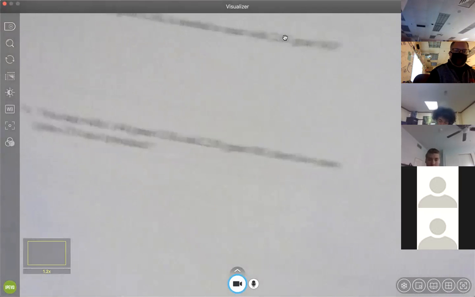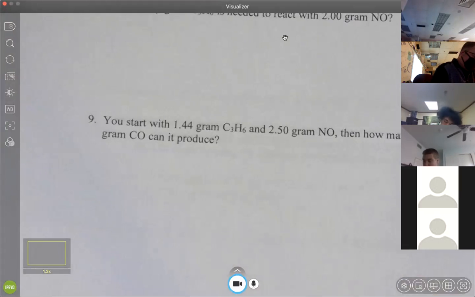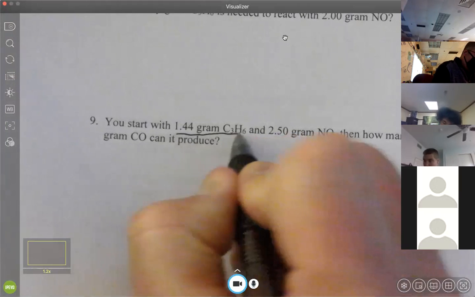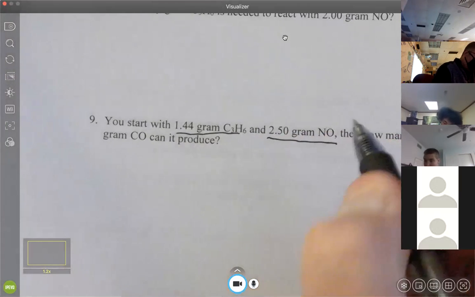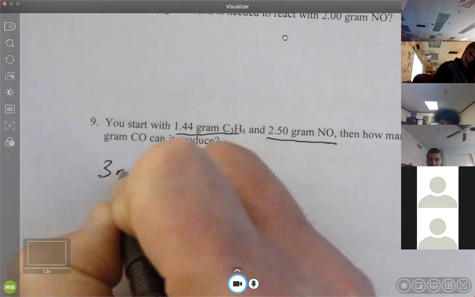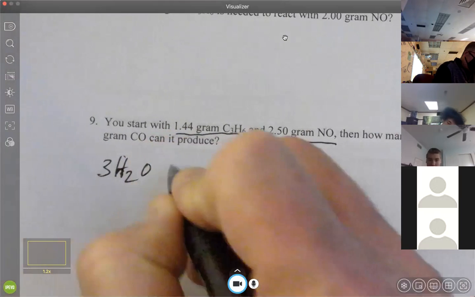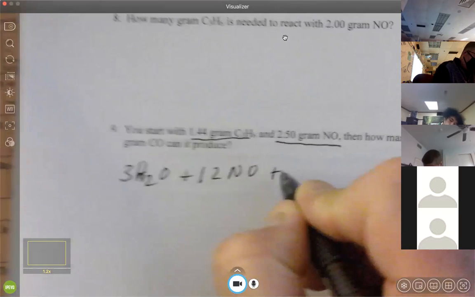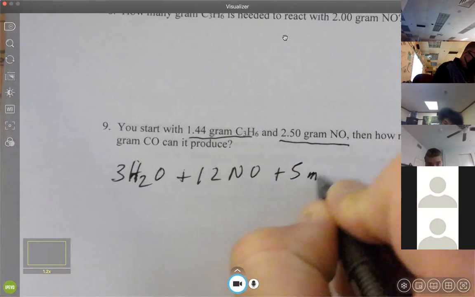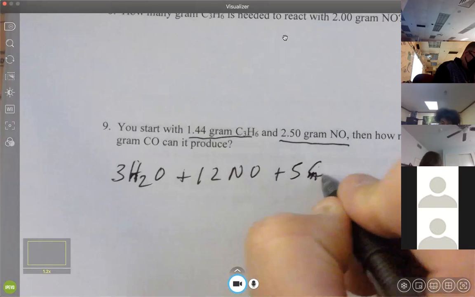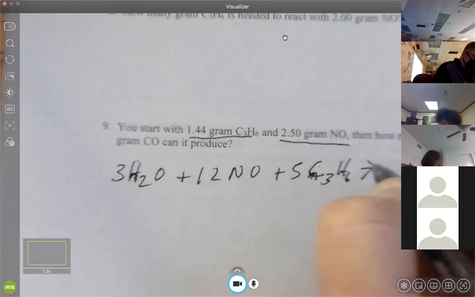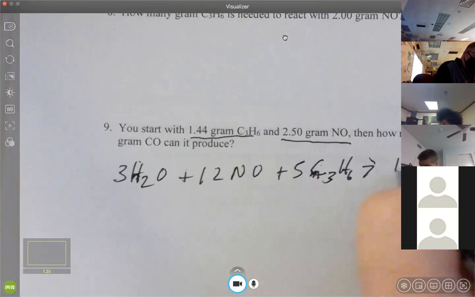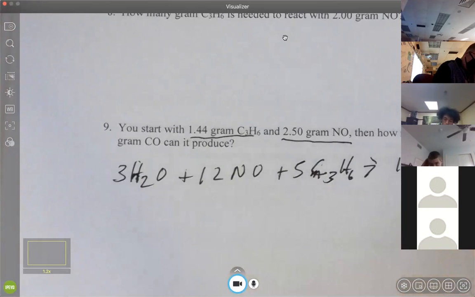So we are given grams of C3H6, and we're given grams of NO. Now 3 moles of H2O plus 12 moles of NO plus 5 moles of C3H6 yields 15 moles of carbon monoxide plus 12 moles of ammonia.